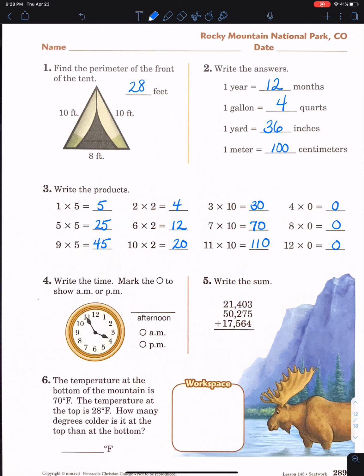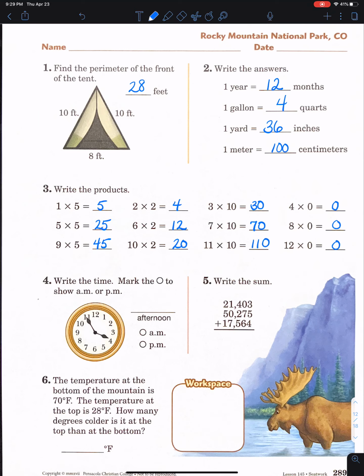All right, telling time. Number 4 says, write the time, mark the circle to show AM or PM. All right, well, it looks like the hour hand, which is the short hand, is pointing at the 4, but it's actually not quite to the 4 yet, because the minute hand is on the 11, which means there's 5 minutes until 4 o'clock.